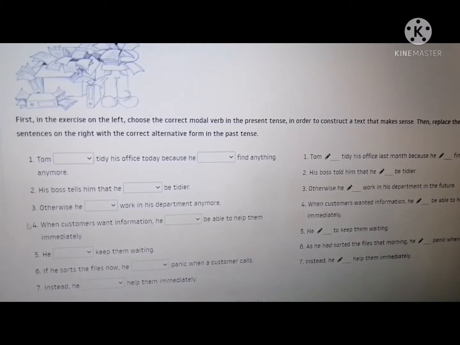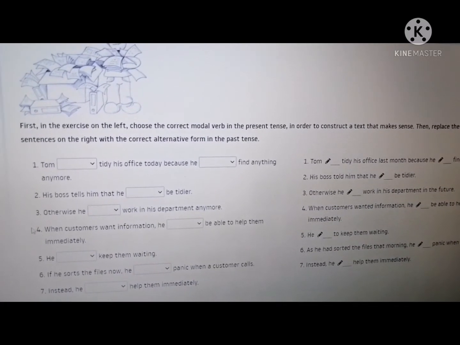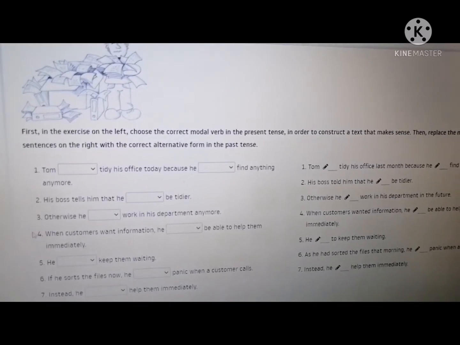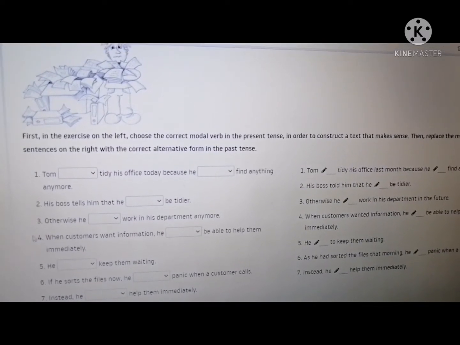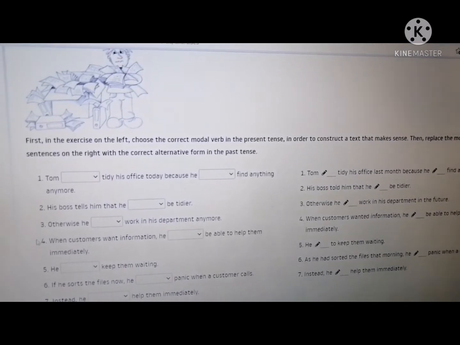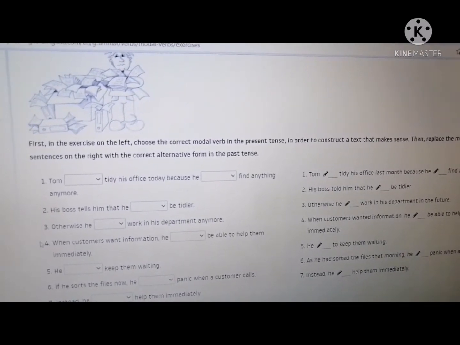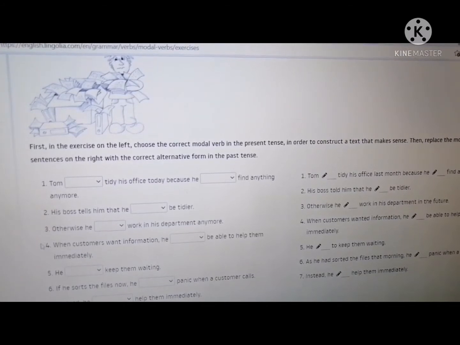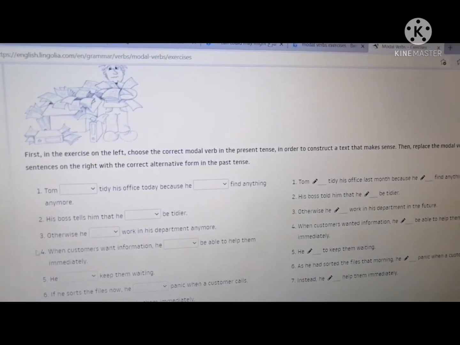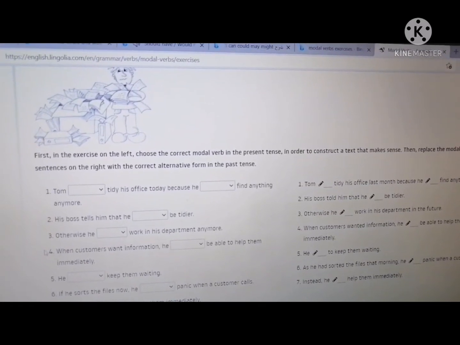So here is a test of your knowledge, to see if you understand the modal verb. So first, in the exercises on the left, choose the correct modal verb in the present tense in order to construct the text that makes sense. Then replace the modal verb in the sentence on the right with the correct alternative forms in the past tense. Okay? So 1 to 7, guys.